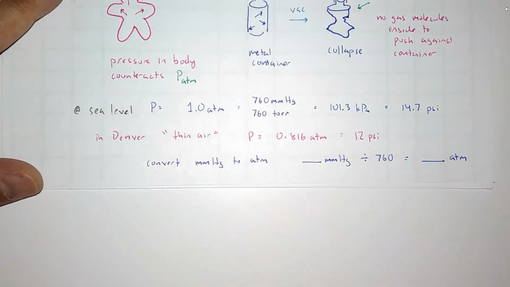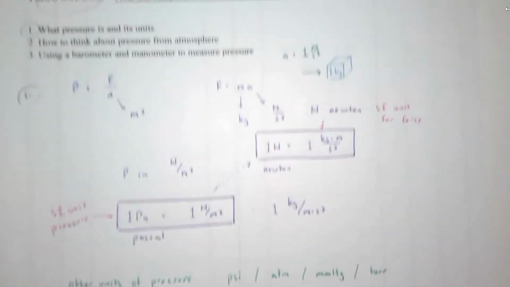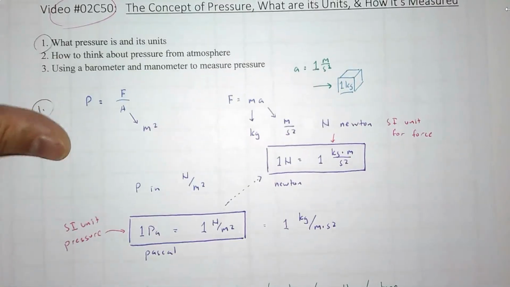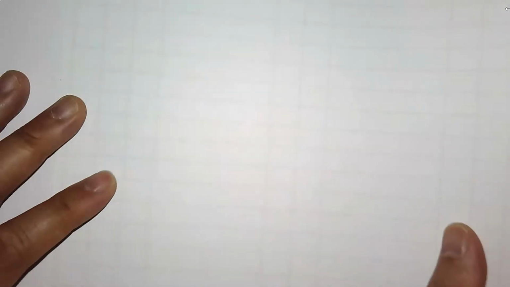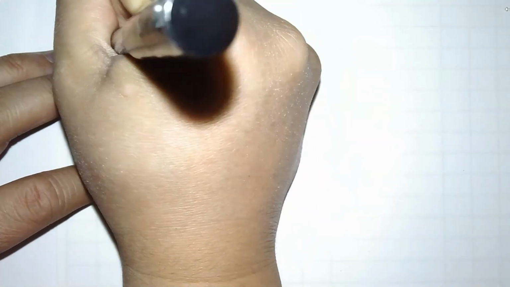Okay. The last topic is looking at these instrumentation, barometer and manometer. I admit that as an undergraduate, I did not quite fully grasp what the heck is going on with these instruments and how a simple tube of mercury can tell me what the atmospheric pressure is. Let me see if I could diagram it for us, though.